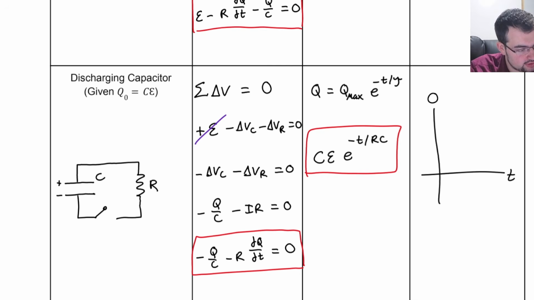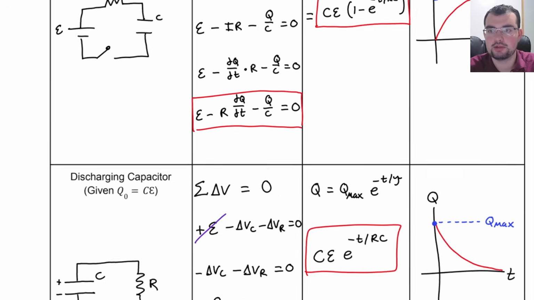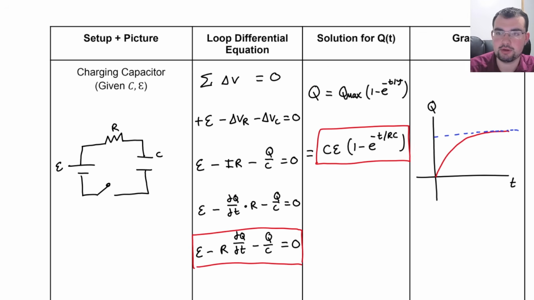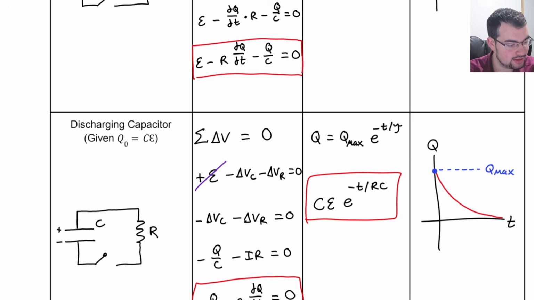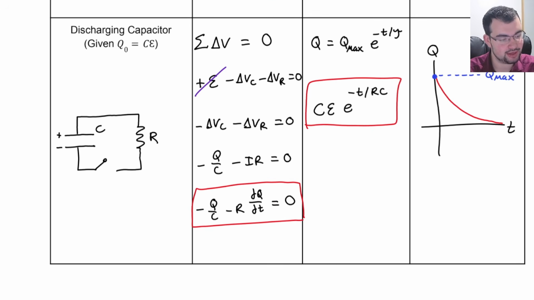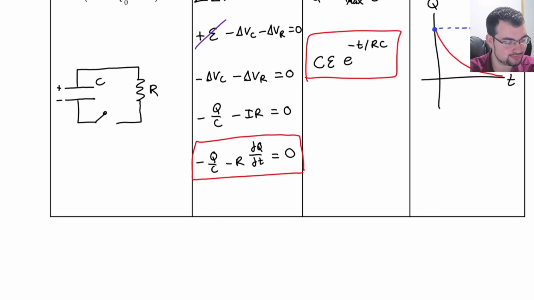If we look at what this function looks like, this would just be a decaying exponential. Anytime you solve a circuit differential equation, it's going to be one of these parent graphs. It's either the exponential approach, which is the max value times 1 minus e to the negative t over time constant, or straight up exponential decay, which is max value times e to the negative t over time constant, without the 1 minus.